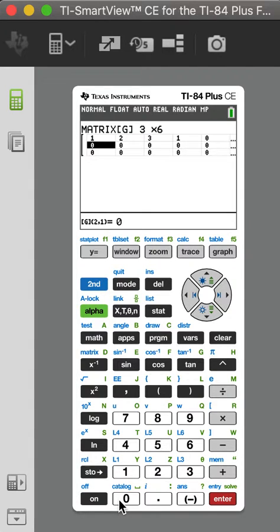Continuing on with our matrix, we have 0, 1, 4. Now a 0 in the first position, and a 1 in our second, and a 0. And then a 5, 6, 0, 0, 0, 1.